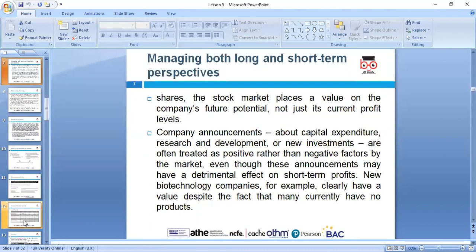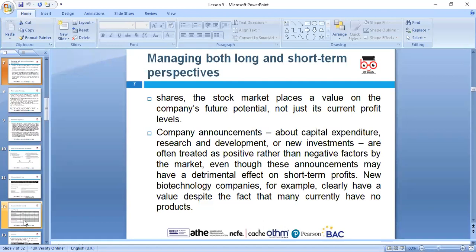Okay, managing the long-term and short-term perspective: shares in the stock market place a value on the company's future potential and not just its current profit. The company's announcements about capital expenditure, research and development, and new investment are often treated as a positive rather than a negative factor by the market, even though these announcements may have a detrimental effect on short-term profit.